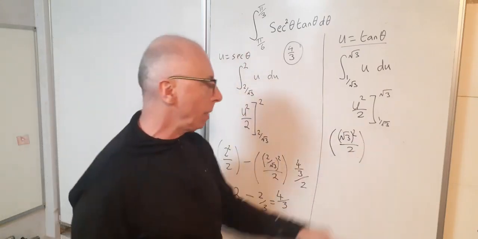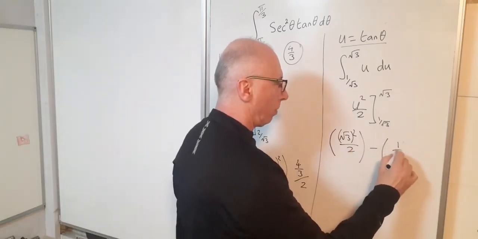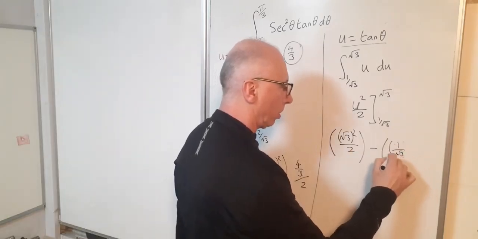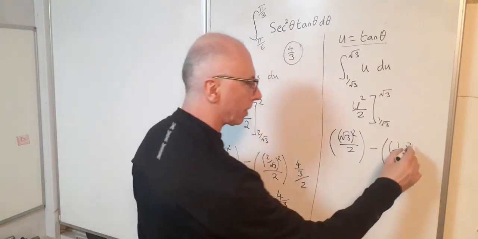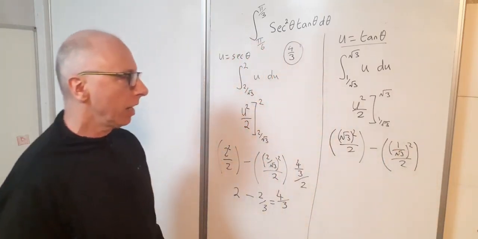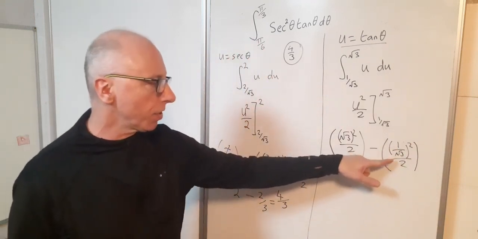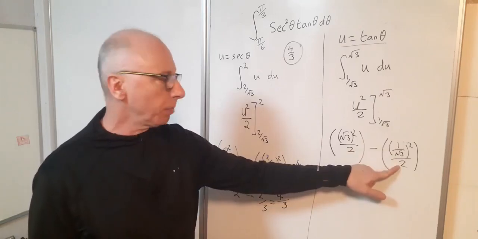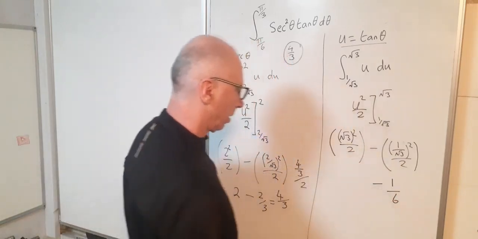Now let's look at our lower boundary: 1 over root 3 quantity squared, divided by 2. What's 1 over root 3 squared? Well, that's going to give us a third. A third divided by 2 gives us a sixth.